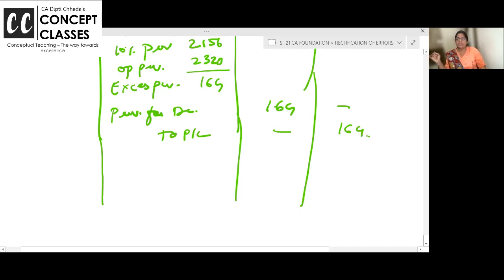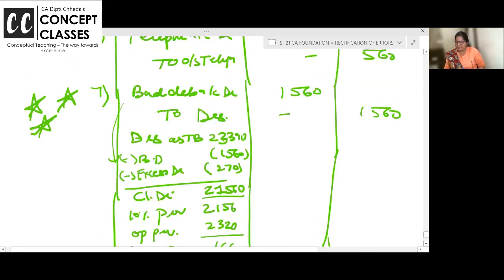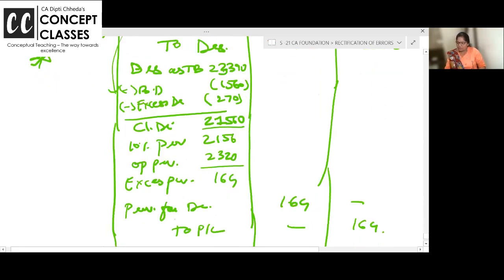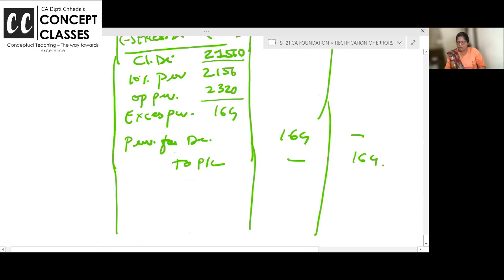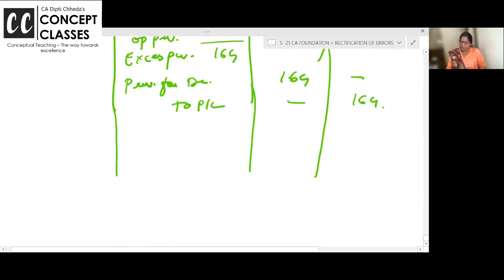Is this clear to all of you? Provision for debtors debit, P&L credit. Because this is excess provision. Nice. If you really don't like the way I have written, तो आप journal entries ही लिखो, continue, and then for this bad debts and all, you can make the working note and ask them to refer it here.